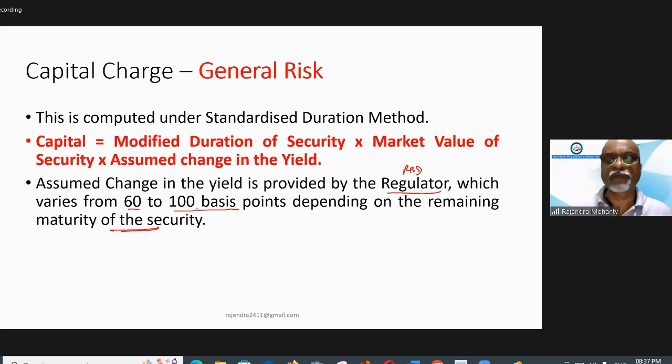On an ongoing basis, RBI prescribes and publishes this assumed change in the yield, so the bank has to calculate the capital accordingly. It depends on the type of security and its remaining maturity, and RBI gives the percentage, the assumed change in the yield. If you multiply all these three factors, you can arrive at the capital. Okay.